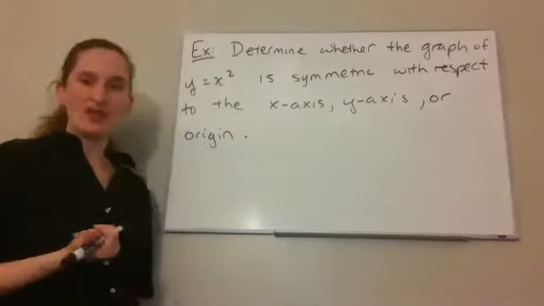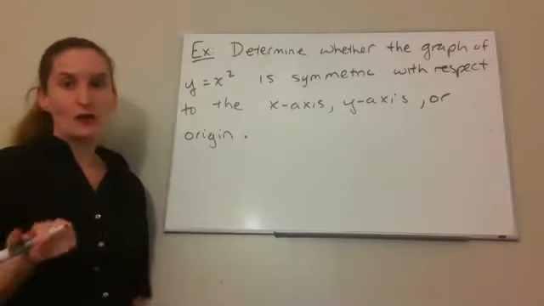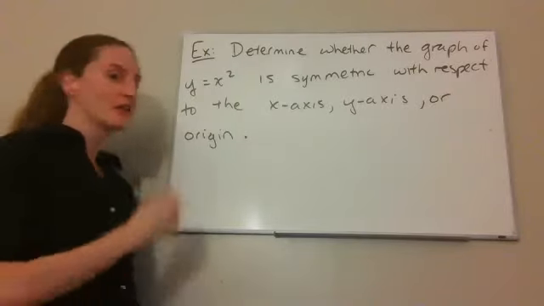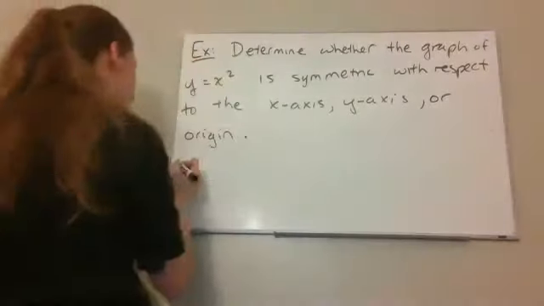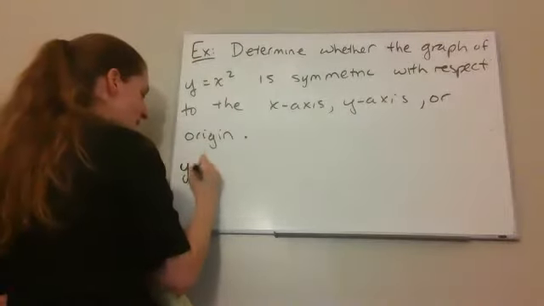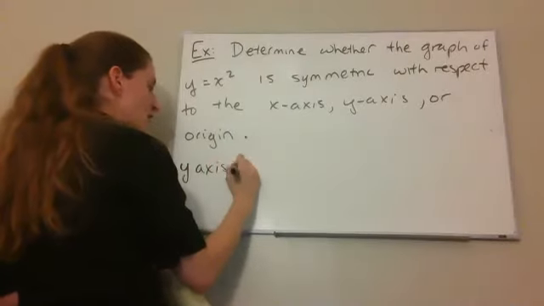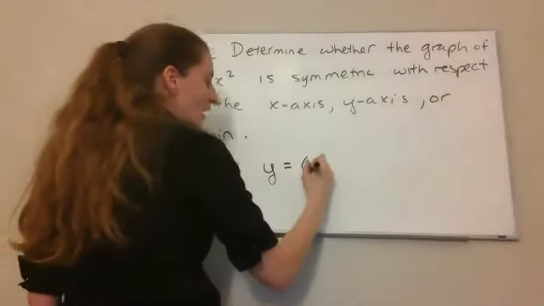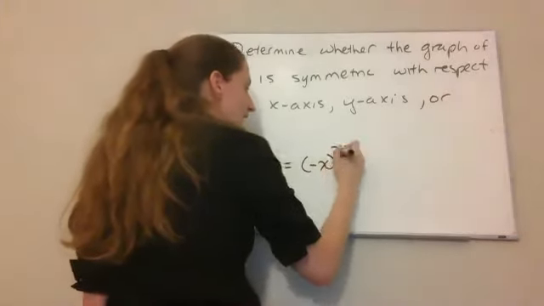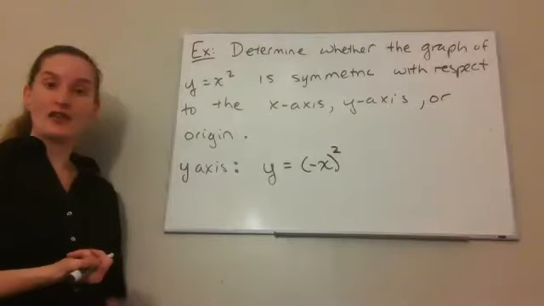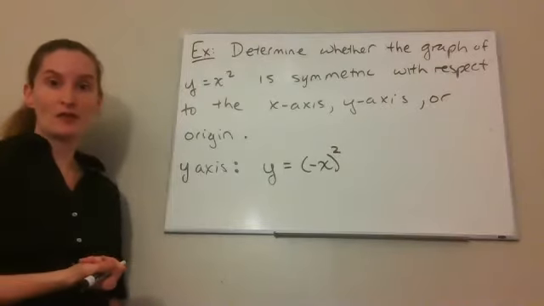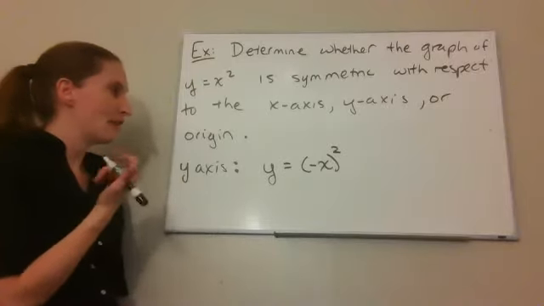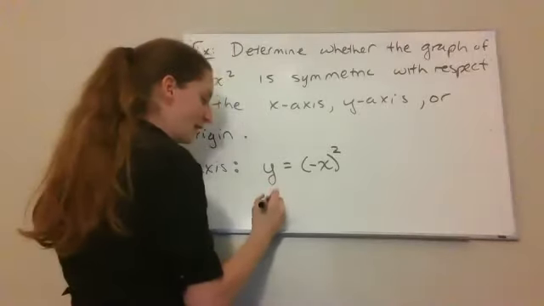And I'm going to start by checking with respect to the y-axis first, only because it was the first one I listed when I was listing how we test it. So to test if it's symmetric with respect to the y-axis, we know we have to replace every single x in our equation with a negative x. And then if we get the same exact equation out of that, it means it's symmetric with respect to the y-axis. So I replace my x with a negative x, and then I can simplify this.